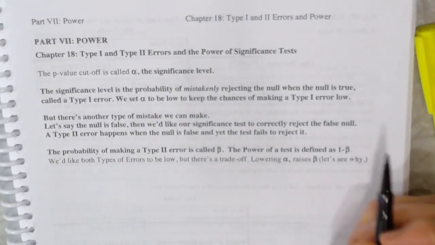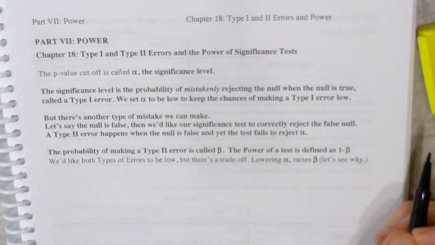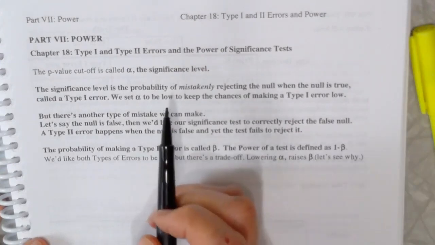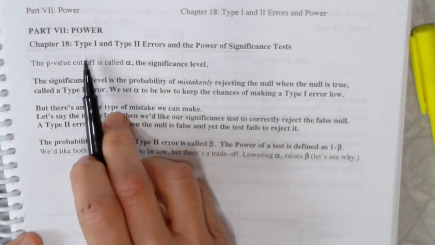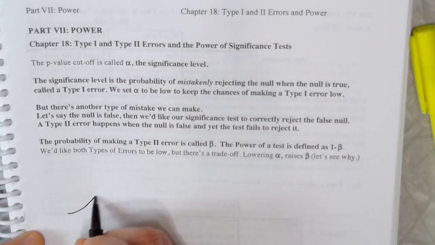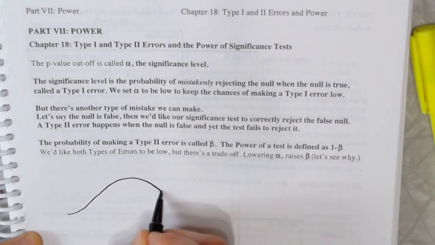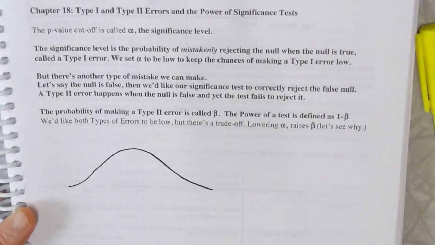All right, so we're going to go over Chapter 18 in more detail too. And we're going to look at type 2 error. We've already looked at the type 1 error. What is a type 1 error? Remember, when we're doing a significance test, we assume the null is true. Let's imagine we're doing a z-test here.